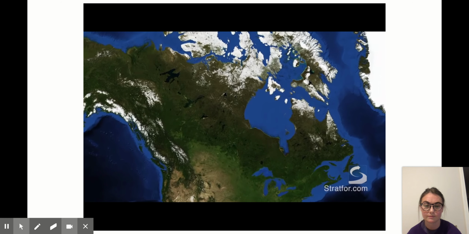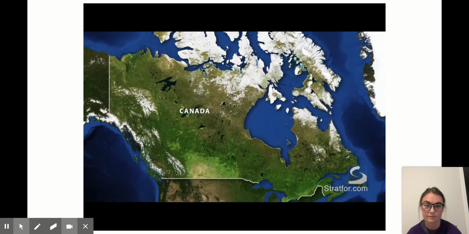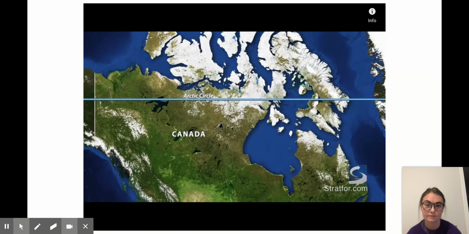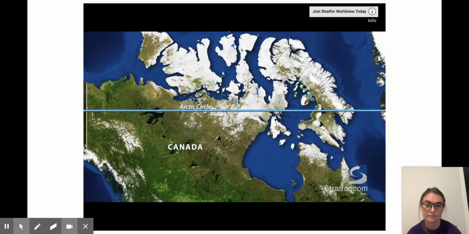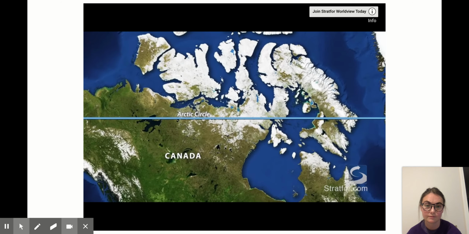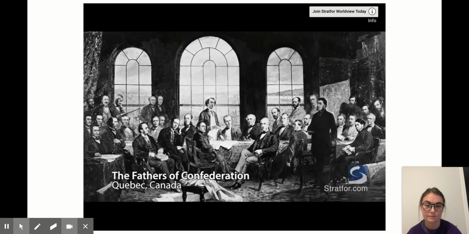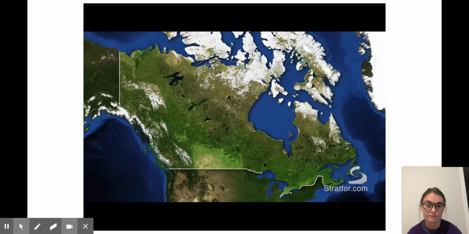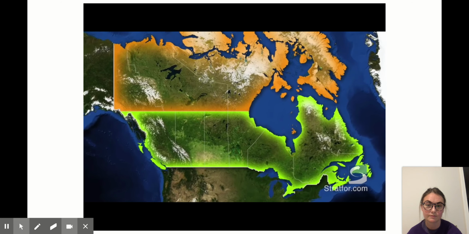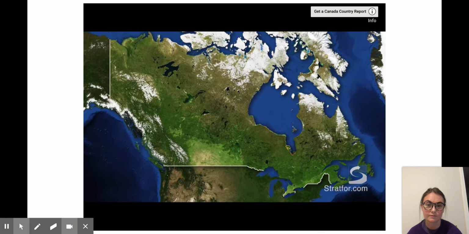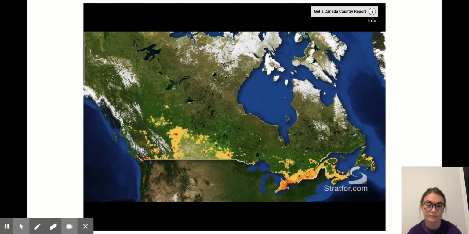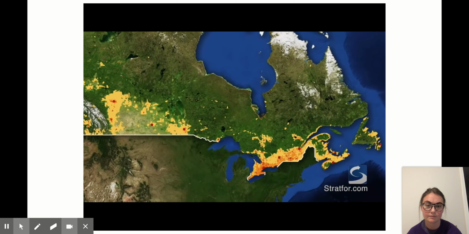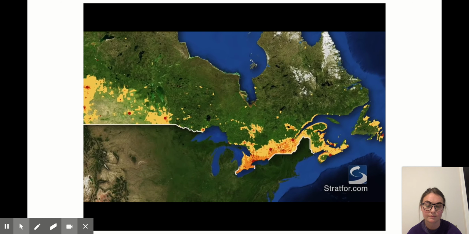Located on the North American continent, Canada is the world's second largest country. Most of Canada is uninhabited wilderness, and Arctic temperatures make the Northern Territories inhospitable to large population centers. Canada became independent from the United Kingdom in 1867. The country is made up of 10 provinces and 3 territories. The majority of Canada's 35 million people reside within 100 kilometers of the US border, where the climate and topography support meaningful populations.